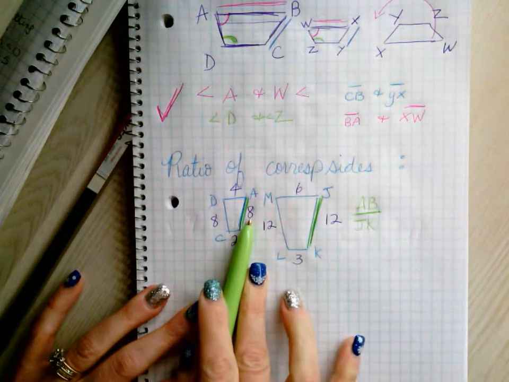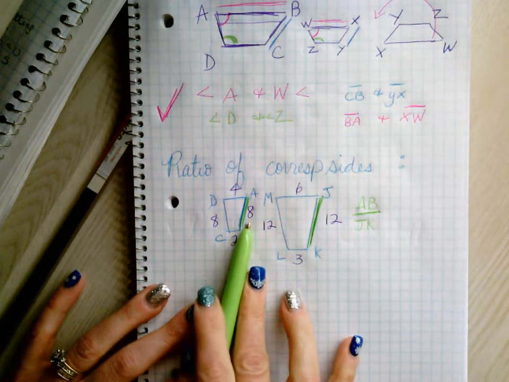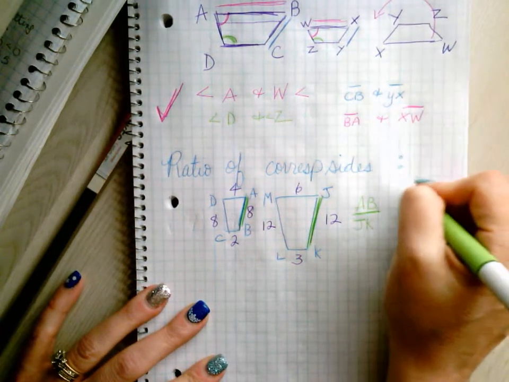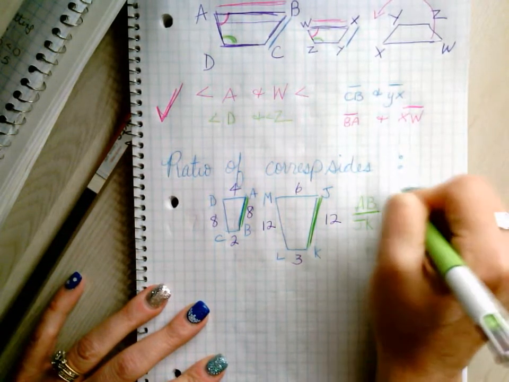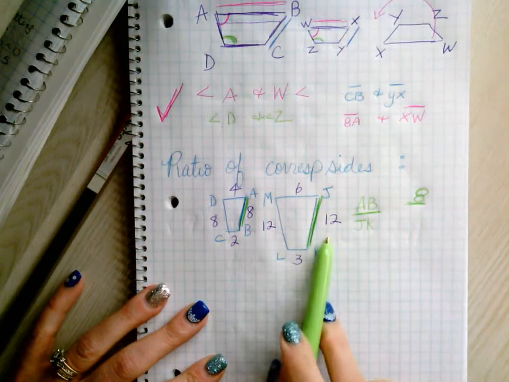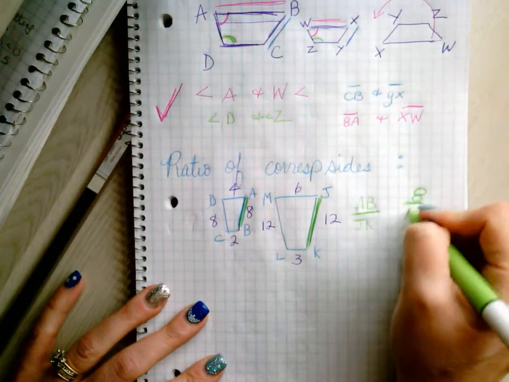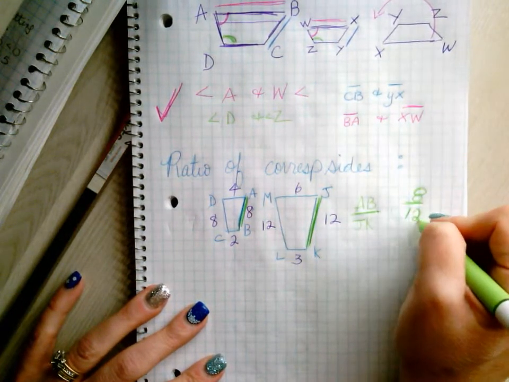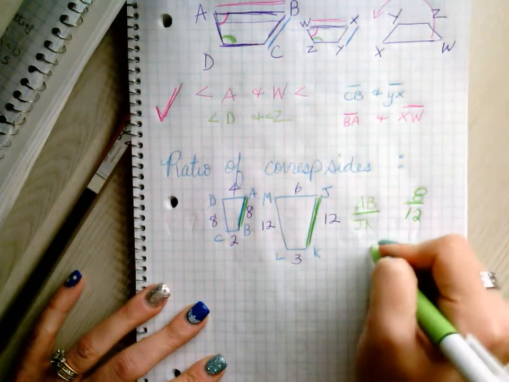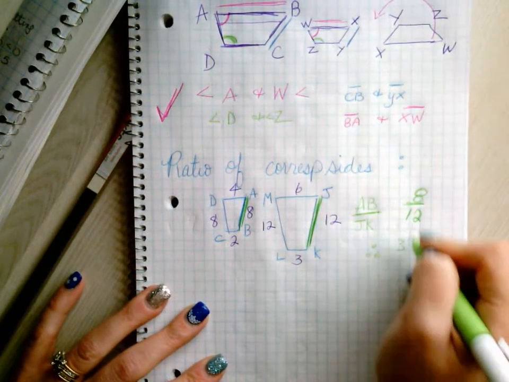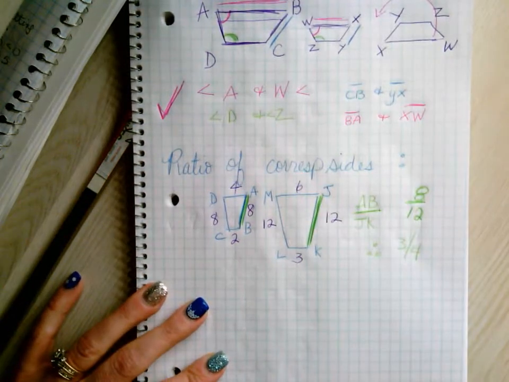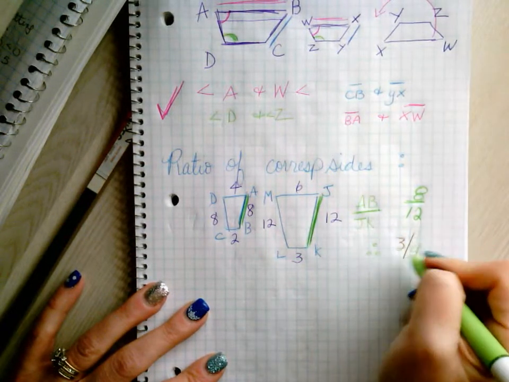What's the length of AB, folks? 8. What is the length of JK? Anybody know what the length of JK is? It's 12. Let's reduce it by a factor of 4, and you end up with 3 to 4. 3 to 4.